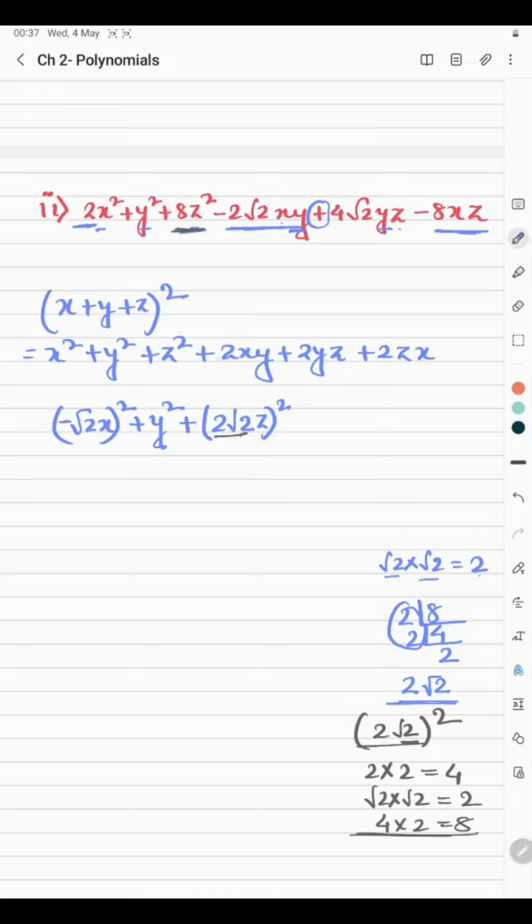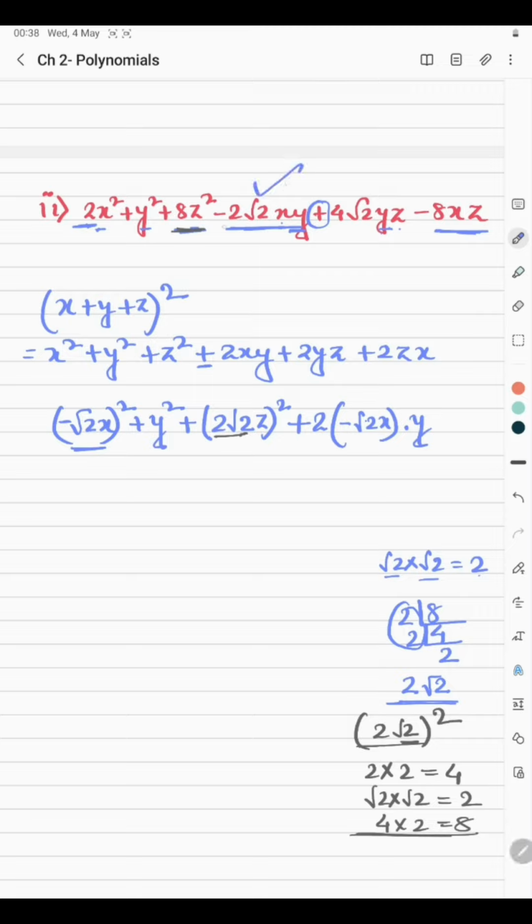Now according to the identity, we have been given a plus sign after the z square term, so we'll give a plus sign, and then we have 2xy. So 2 into x, x means minus root 2x, and y means y here. Now if you multiply this, 2 into root 2, 2 root 2 xy, and plus minus minus, so it will become minus 2 root 2 xy.